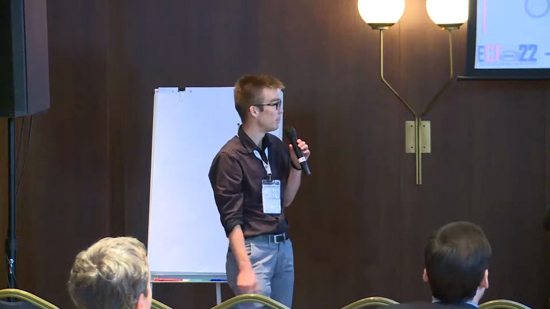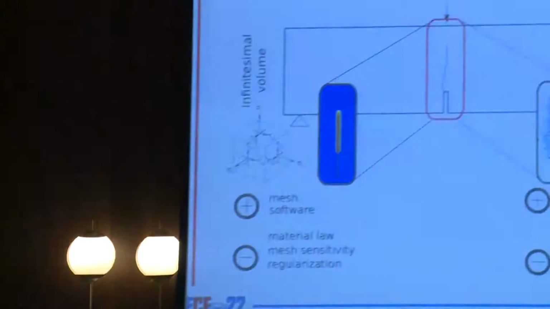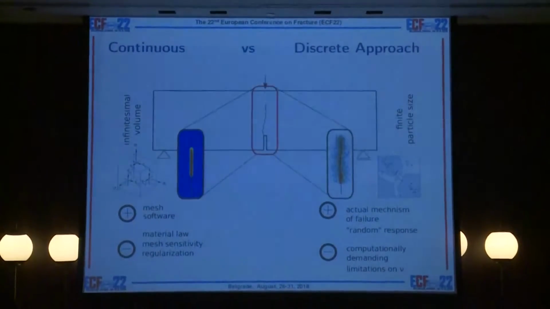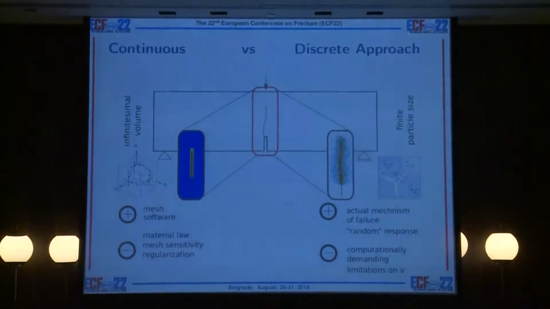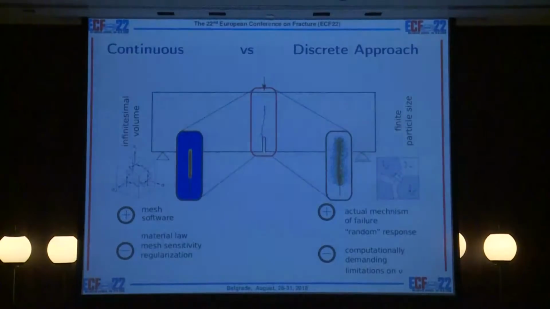But before I begin, allow me a few words on the reason why we use a discrete approach instead of continuous models. Every time we choose a model for the problem we want to investigate, we need to take into account the phenomena that we want to investigate.